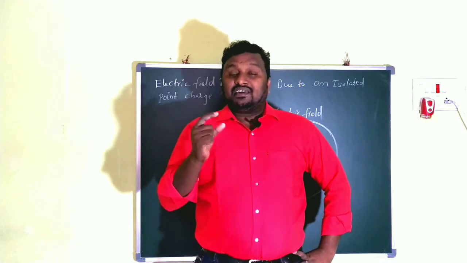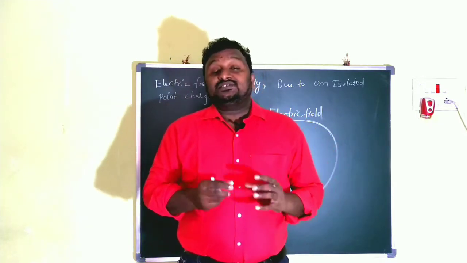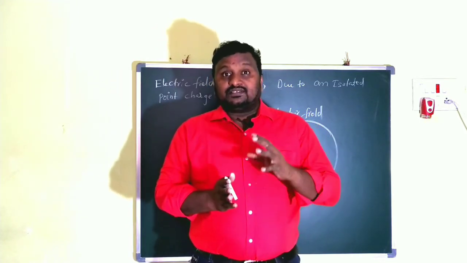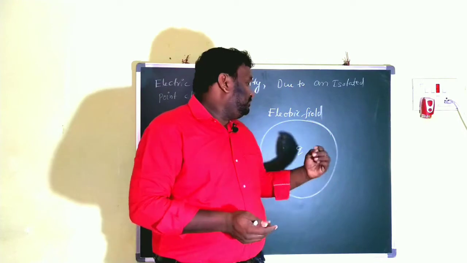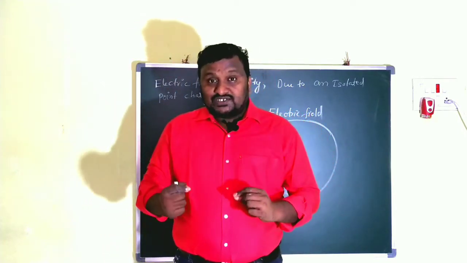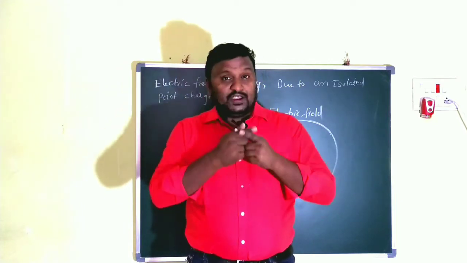Like that, here also the charge is there, and around this charge some space will be there. In that space there is some influence of this charge. The space around the charge which is in its influence is called electric field.